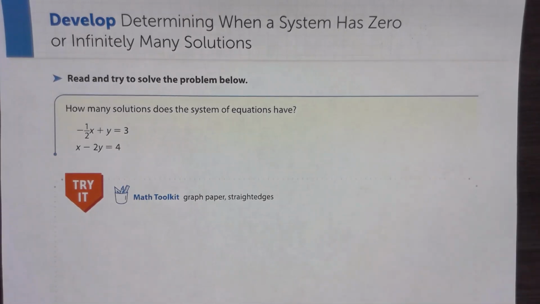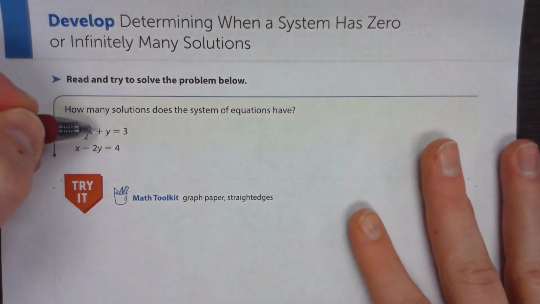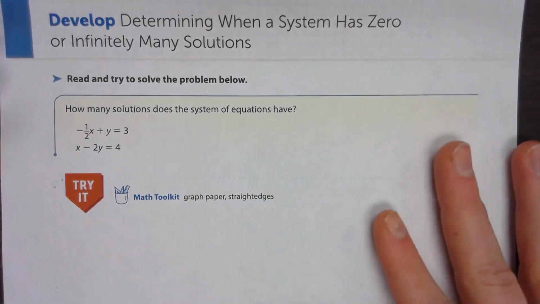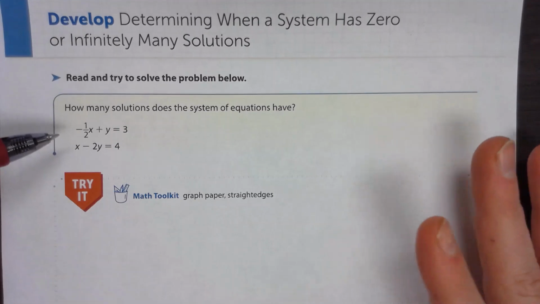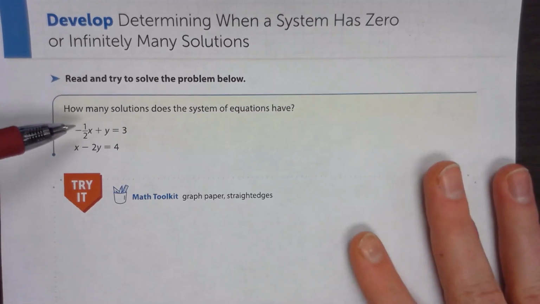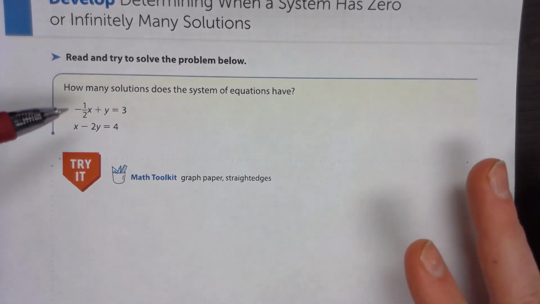So if I was just told to solve this system of equations, I'd be like, okay, well, I know how to do substitution, so I'm going to do that. Now, if we're going to do substitution, then we are going to need to have a variable all by itself, right? And so you're going to need to make a decision here. You can solve for y or you can solve for x because neither is solved for in either of these equations.